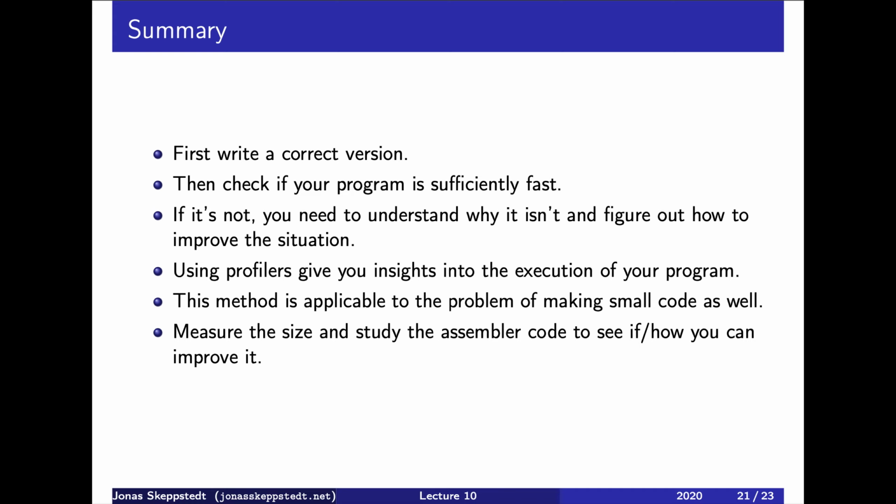And then if your program already is sufficiently fast, then there's no point to improve it, probably. If it's not sufficiently fast, we need to understand why it isn't. That means figure out first, what is it that takes time? And second, how can we improve the situation?